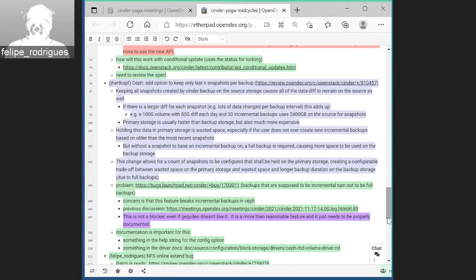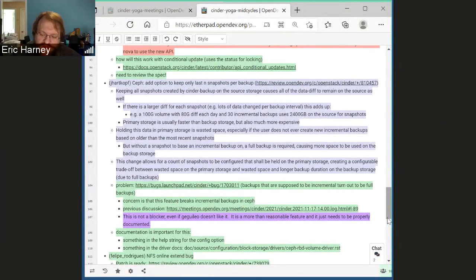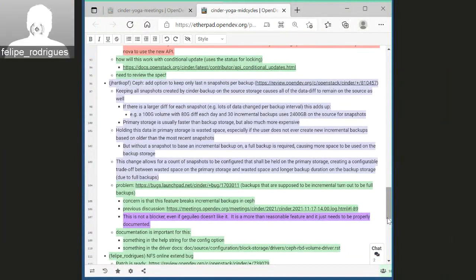The VM. If the VM is shelved and you resize the volume, Cinder calls Nova, and Nova will resize. You don't call Nova if the VM's off though, because it'll work. No, it does call Nova, right?